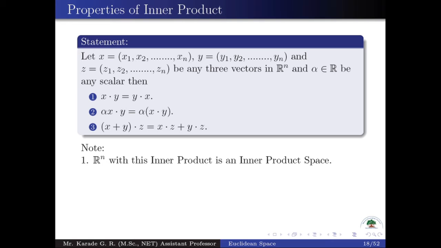There are many inner product spaces we will study afterwards. Second, the inner product of x with itself is equal to x1 square plus x2 square plus dot dot dot plus xn square. So these two are very important observations.